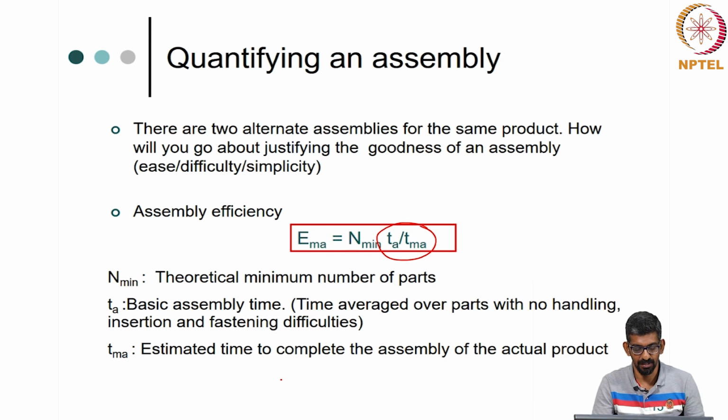It is a basic assembly time, which is the time averaged over the number of parts that you are looking at without any handling or insertion difficulty; it does not account for that. It just says there is a bolt and there is a nut and you are going to tighten it.